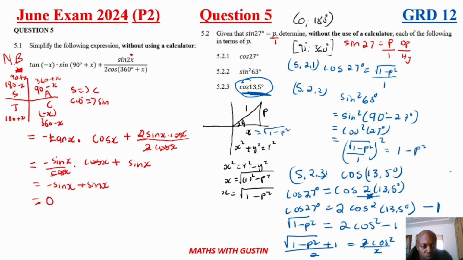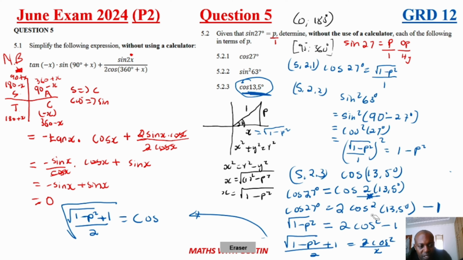Cancel out 2, and then now we need to take the square root of the whole thing. I'm just going to move it here because I'm running out of space there. So what we have now is the square root of 1 minus p squared plus 1 all over 2. Then we take the square root again, and we are going to be left with cos. Okay, now this is getting a bit messy.